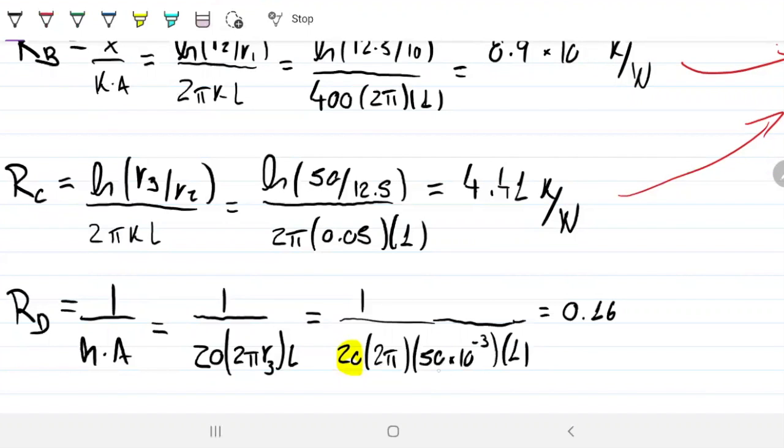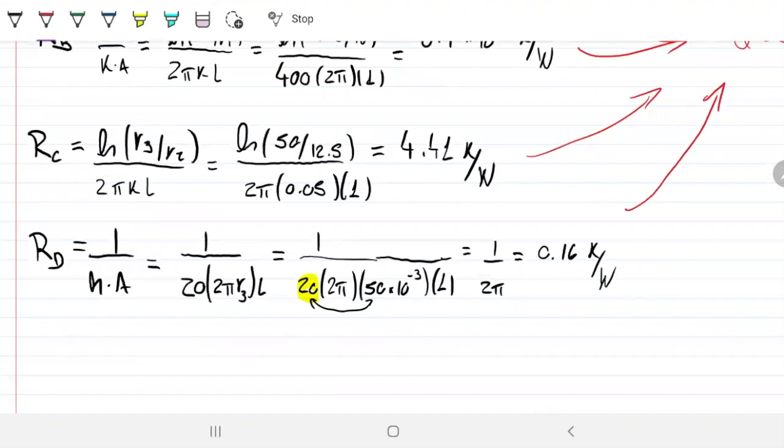Now, interestingly enough, this will be 1,000, so that's 1,000 times 10 to the minus 3. The whole math there becomes 1 over 2 pi, which is 0.16 Kelvin per watt, always remembering that we used L equals 1.